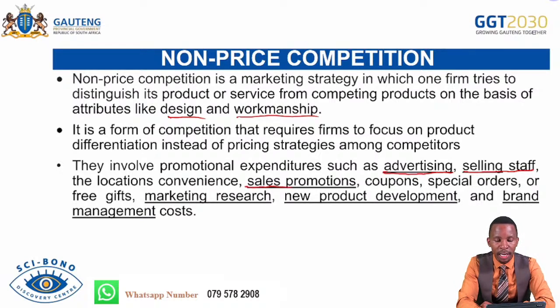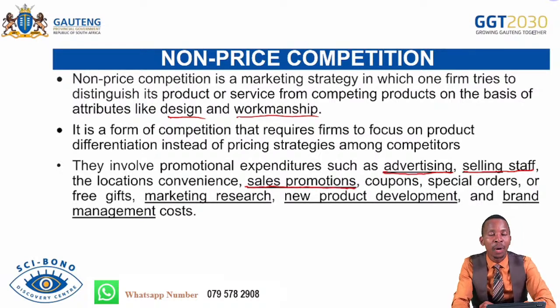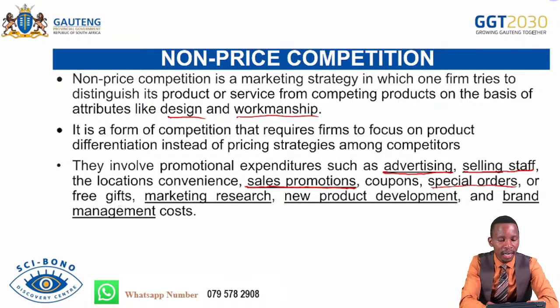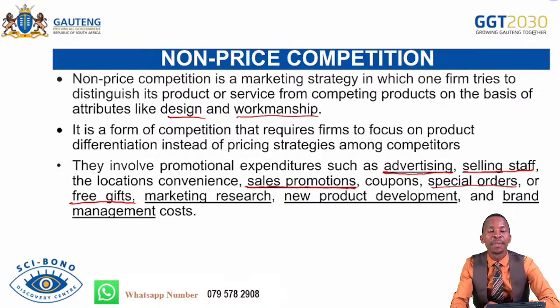Sales promotion. They ensure that they put in sales promotion in order to attract the attention of the consumers. And then coupons and special orders are also in there, or we talk of free gifts that are also given to consumers so that they can be attracted to come and consume in this particular firm.